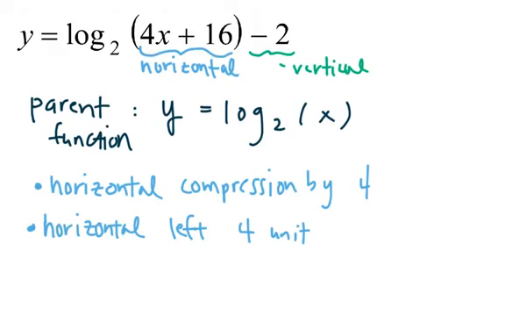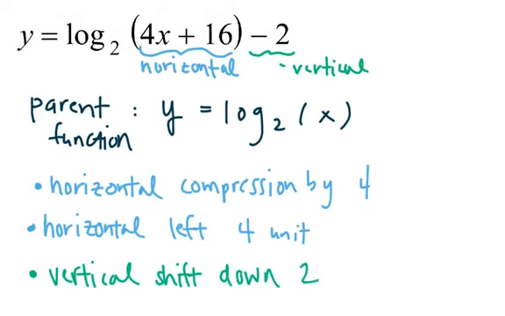Because we're going to go 16 to the left, right? First we would go 16 to the left, but then we compress everything by a factor of 4, so it's actually only moving 4 to the left, okay? With vertical shifts, we do as it says, right? So we're subtracting 2. That's just going to be a vertical shift down 2.